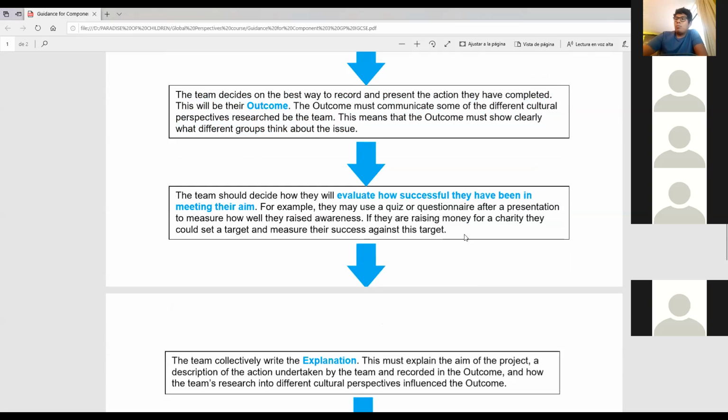For example, we're going to take as many examples as we can from our current situation. For example, we see nowadays in the news that a lot of people are not respecting the quarantine called by the president.